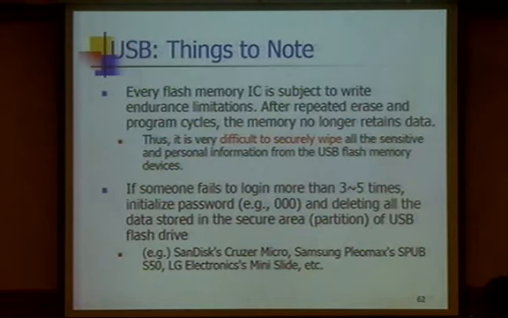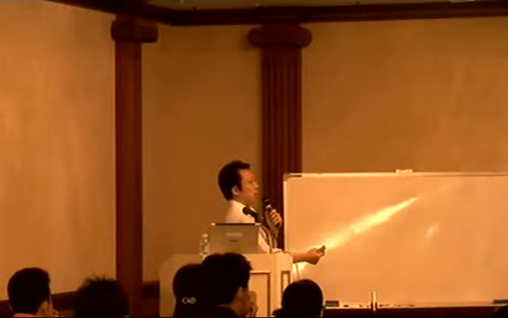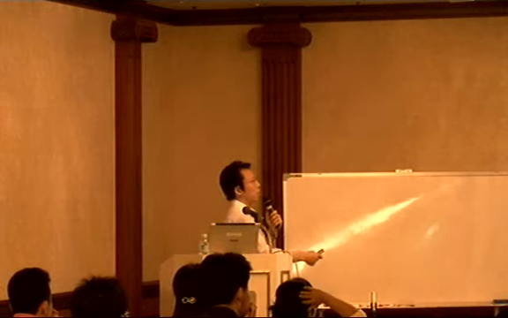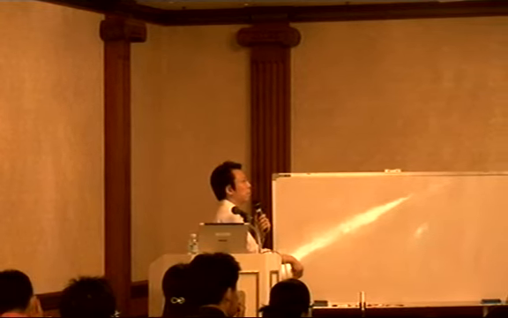Here we should notice two things. The first one is that every flash memory IC is subject to write endurance limitations. So after repeated erase and program cycles, the memory no longer retains data. So it is very difficult to securely wipe all the sensitive data which is stored in USB flash memories.